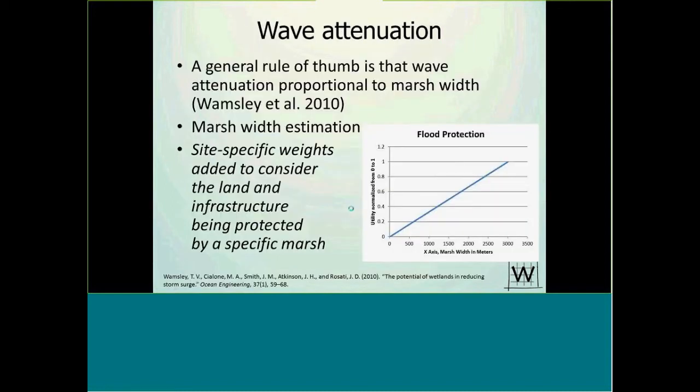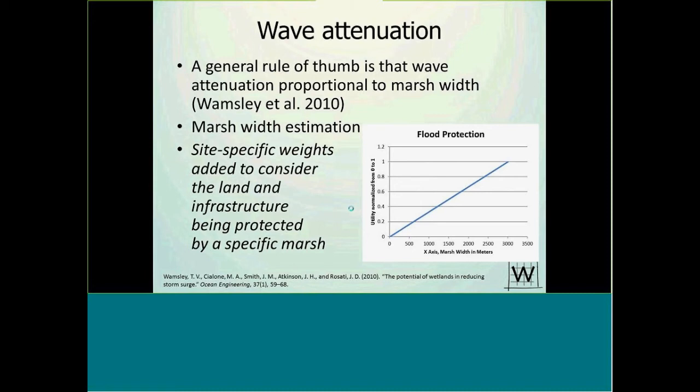For wave attenuation, the general rule of thumb is that it's proportional to marsh width, and that's the simplification that we have in the model. This paper by Walmsley says, in truth, it's also a function of the storm direction and how the marsh is located proximate to the developed land that's being protected.